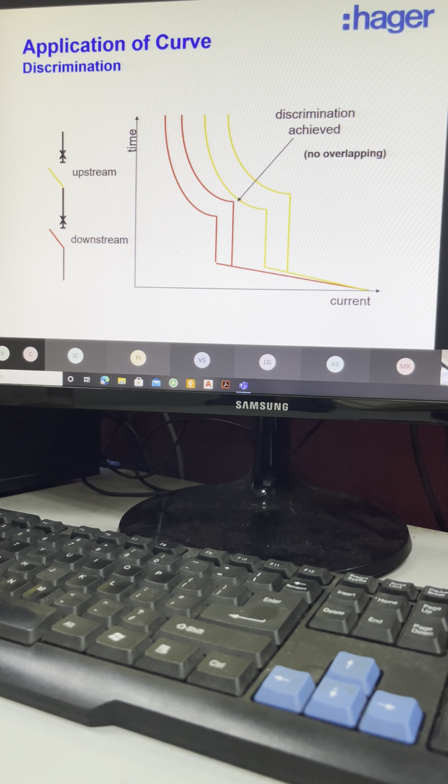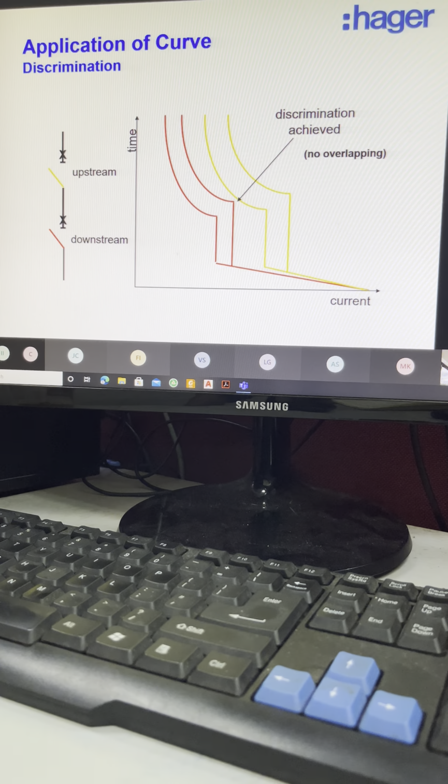If you have two circuit breakers in series, one upstream, one downstream, one incoming, one outgoing, you make sure their tripping curves are not overlapping. The upper limit of your downstream breaker is not touching the lower limit of your upstream breaker.